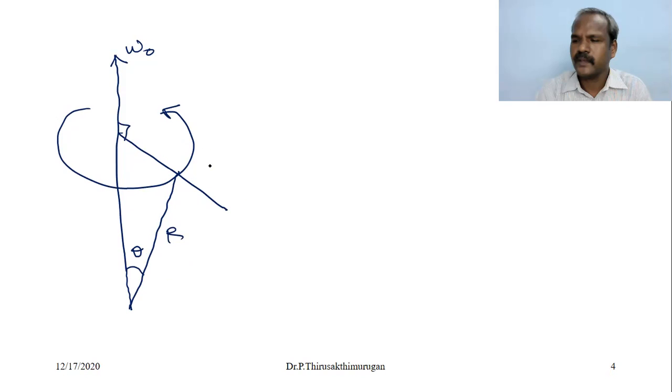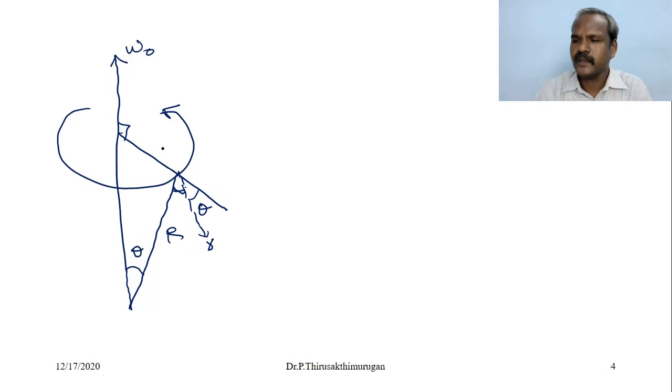From here we can have a similar right angle, so these are similar triangles. This is theta, this is small r, sorry, v.